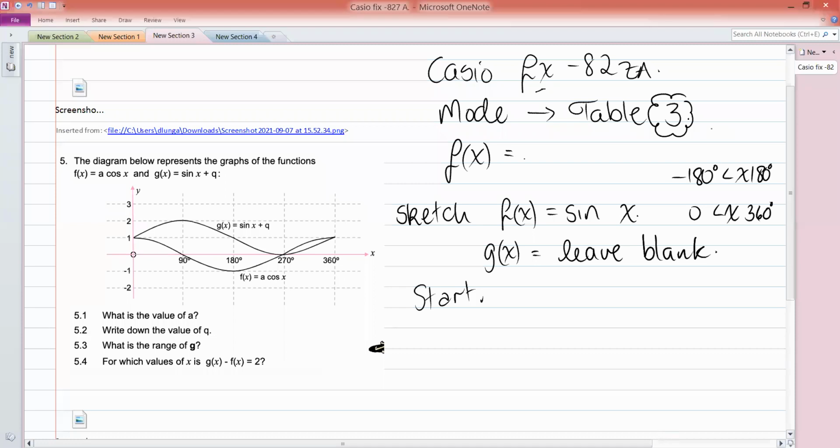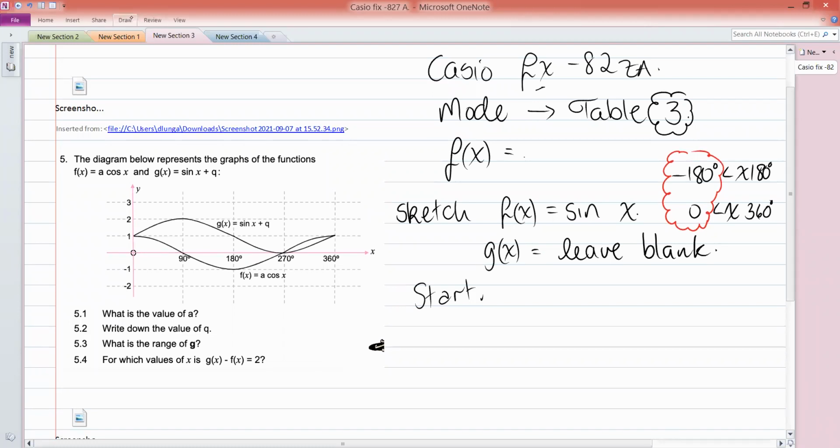This is what you're going to use for your start and end points. Your start point, based on these restrictions, is either negative 180 or 0, depending on what the question is asking you. For this one that I want us all to sketch together, we're going to make our start equal to 0. So write 0.